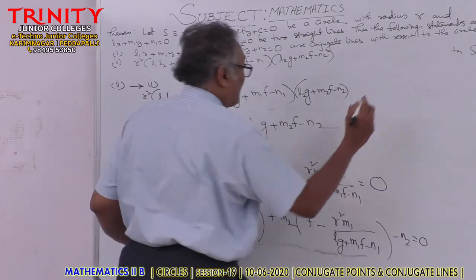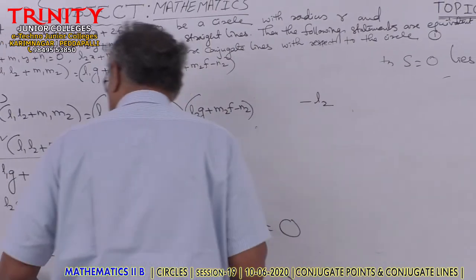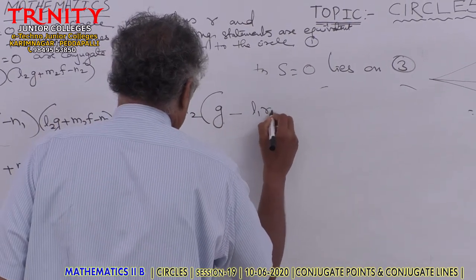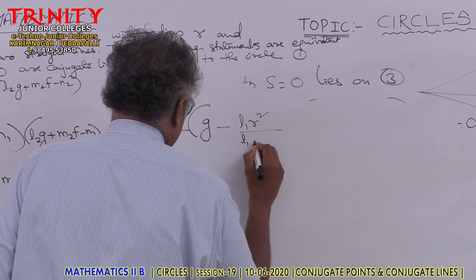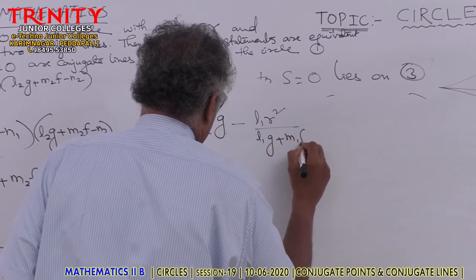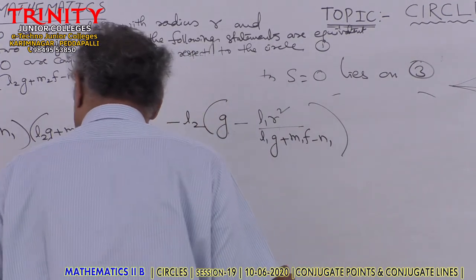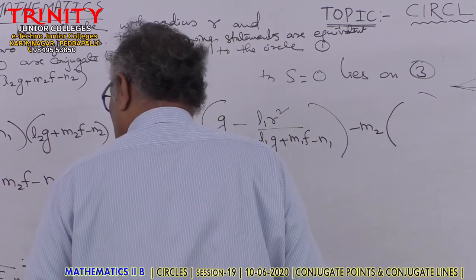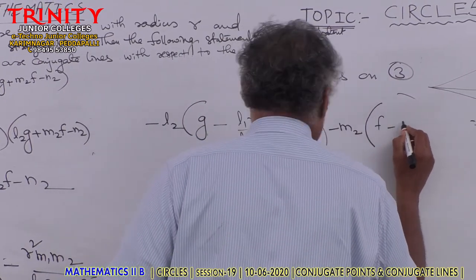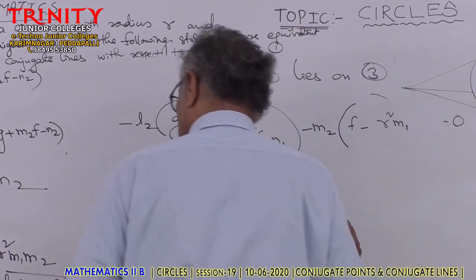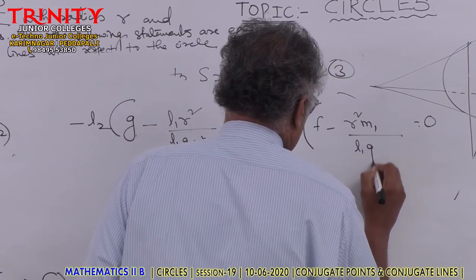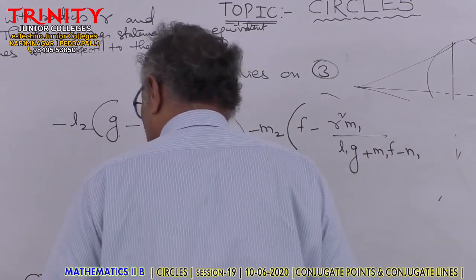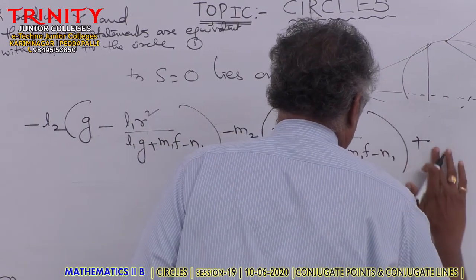Then minus L2 into g minus L1 R square by L1g plus M1f minus N1, minus M2 into f minus R square M1 by L1g plus M1f minus N1, plus N2 equals 0.